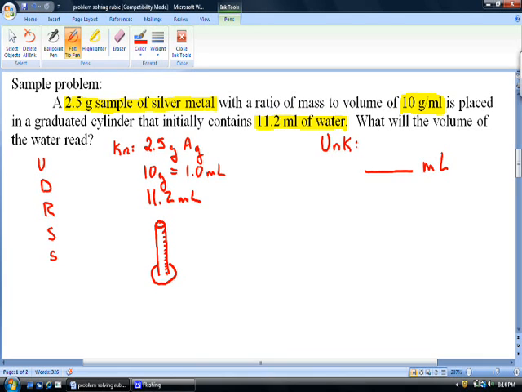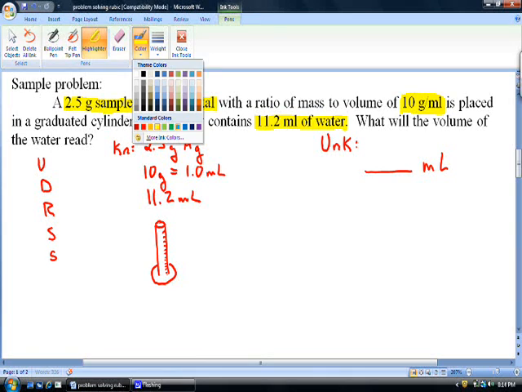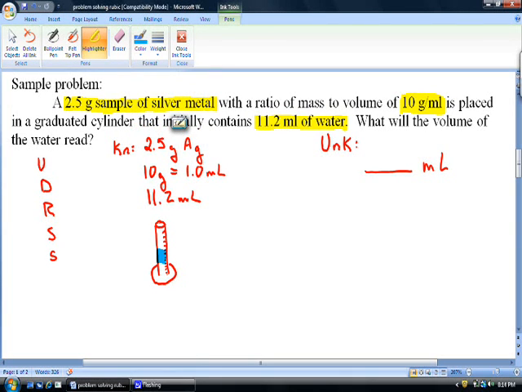And into this graduated cylinder, we're going to put some water. And we know that the volume of this water is 11.2 milliliters. That's what we know to start with.